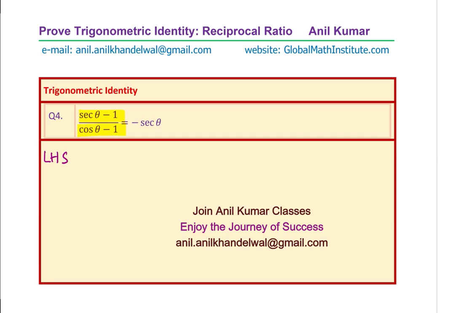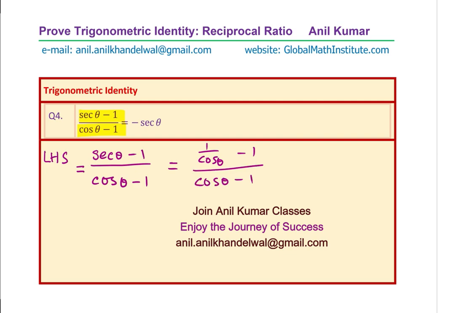And what we have here is secant theta minus 1 over cos theta minus 1, right? Now, secant theta can be written as 1 over cos theta minus 1 over cos theta minus 1. And that gives you 3 layers of fractions.